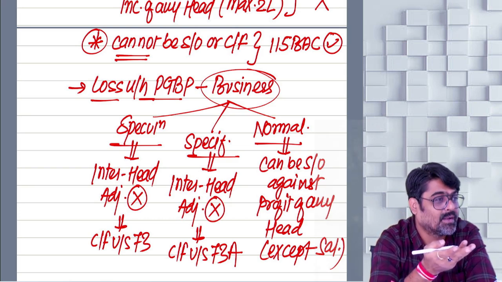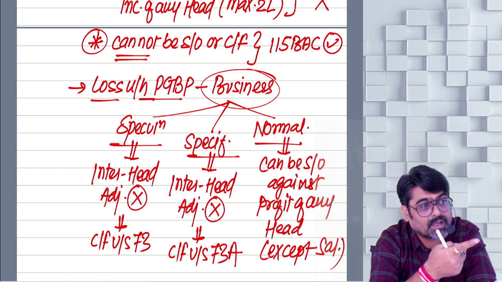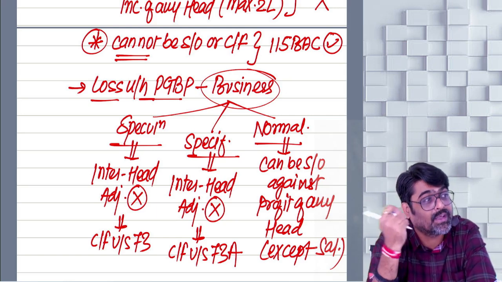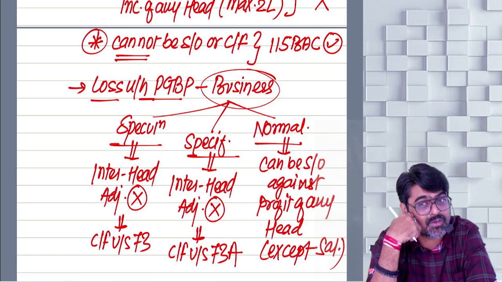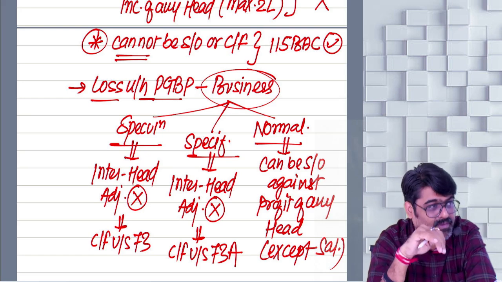Knowing that I would get the set off of business loss, a salaried person can always start any business. And who goes to see whether that business really exists or not? That person will start a business with very little business income.